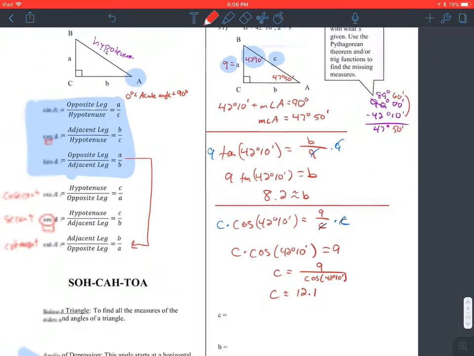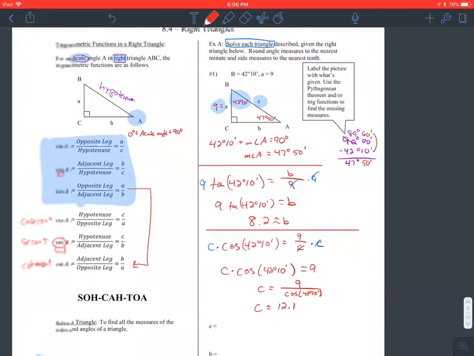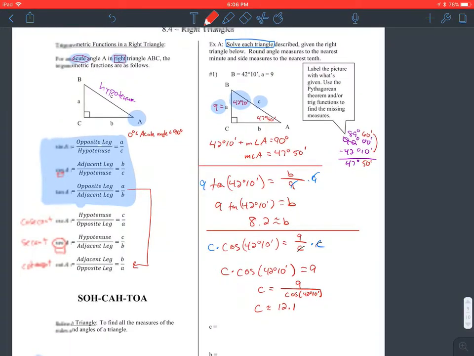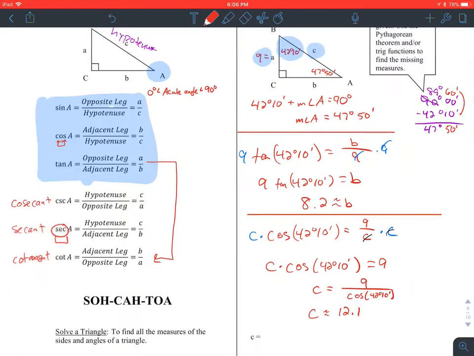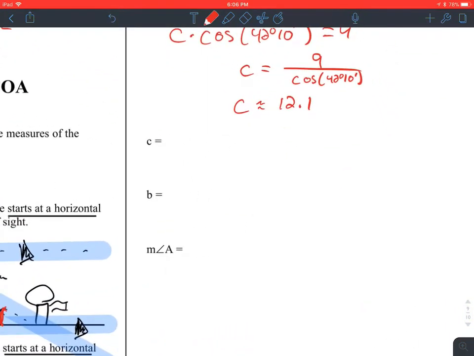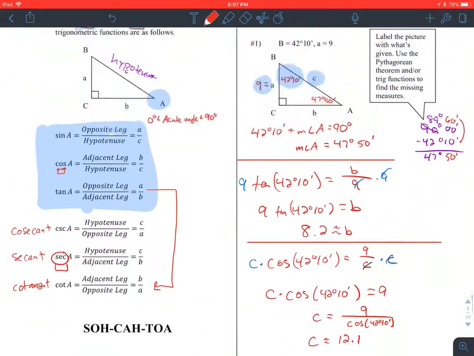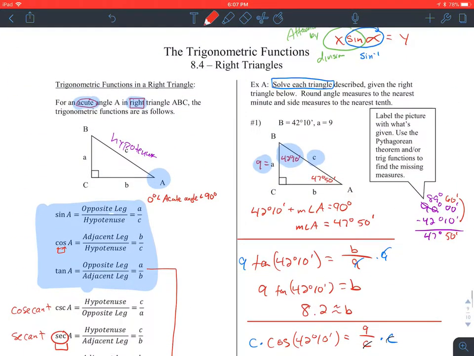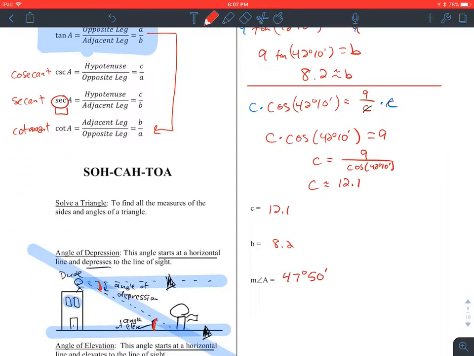Supposed to solve the triangle. We've done it because we found the missing measures. We write them down here on the appropriate blanks. c is about 12.1. b is about 8.2. Measure of angle A is 47 degrees, 50 minutes. Make sure I rounded according to the directions. I did. Moving on to the next one.